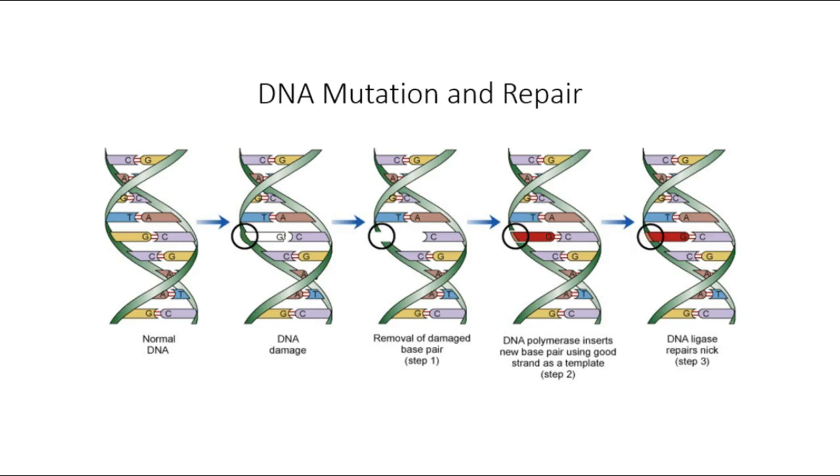So let's just go quickly back to this concept of the structure and function of DNA. We've got our double helix or strand. Okay, DNA double helix. That means we've got two strands of nucleotides.